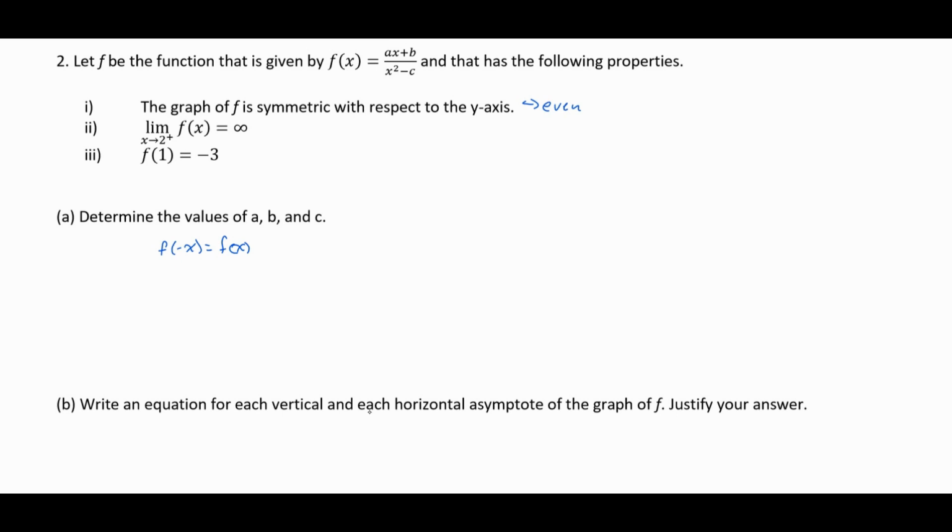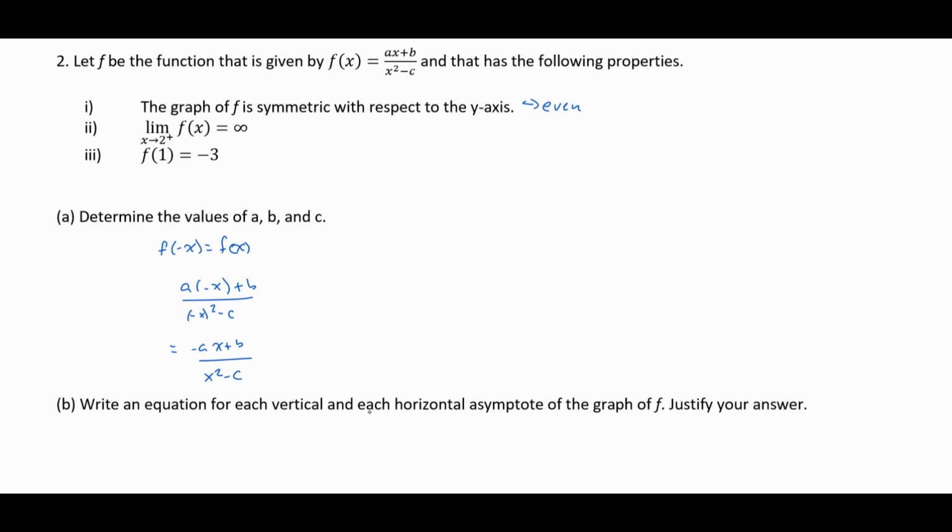So if I substitute -x into our function, we have a times -x plus b over -x squared minus c. And if we simplify this a little bit, we're going to have -ax plus b over x squared minus c.